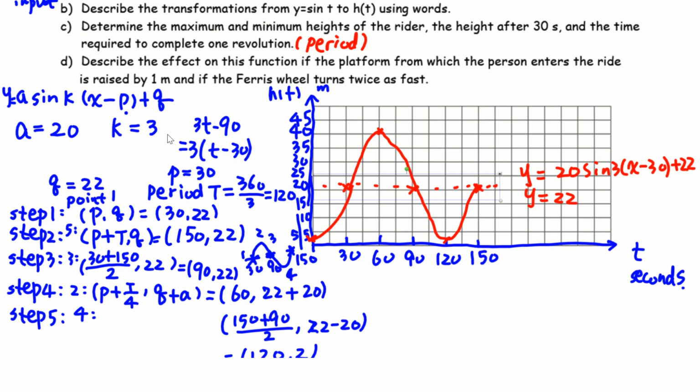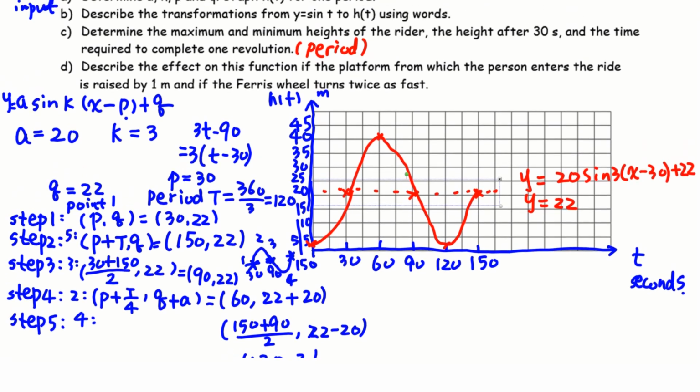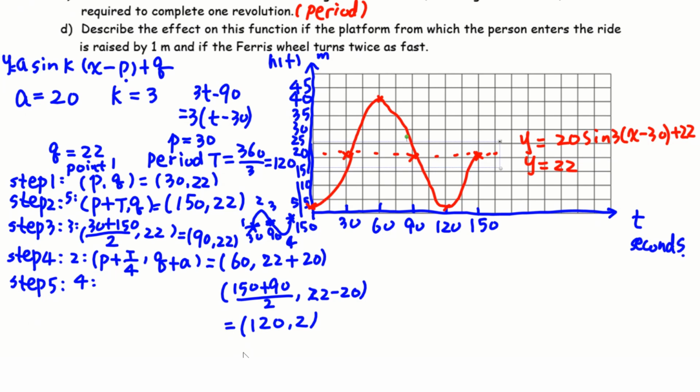So now we are going to describe the transformations from y equals sine t to this y equals 20 sine 3 bracket those ones. So question B. Describe the transformations.